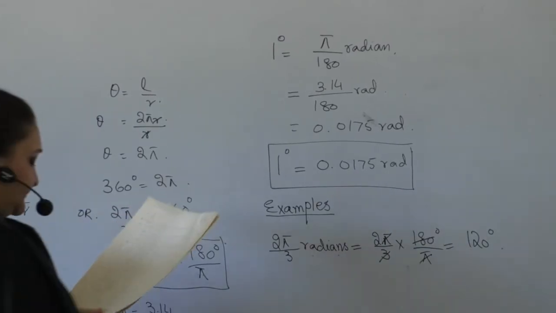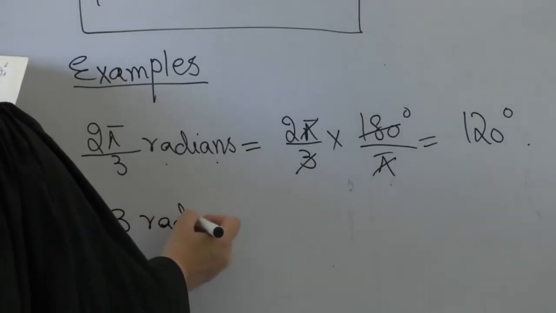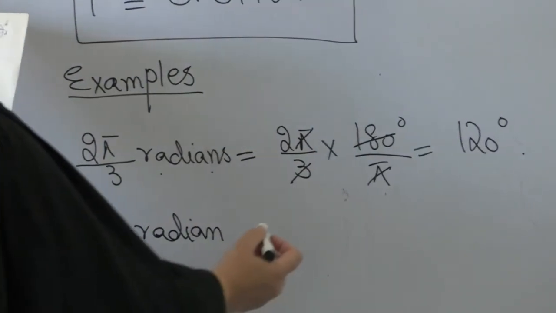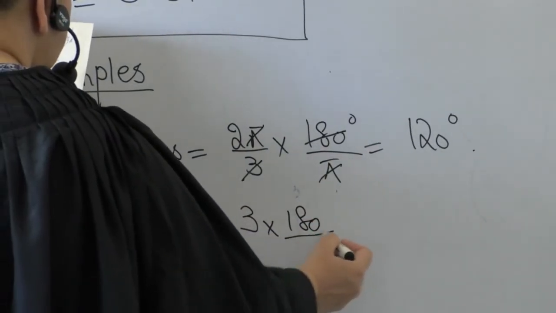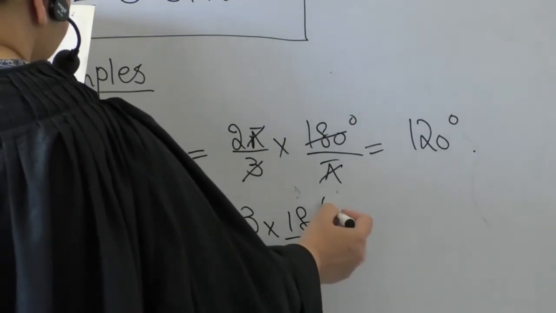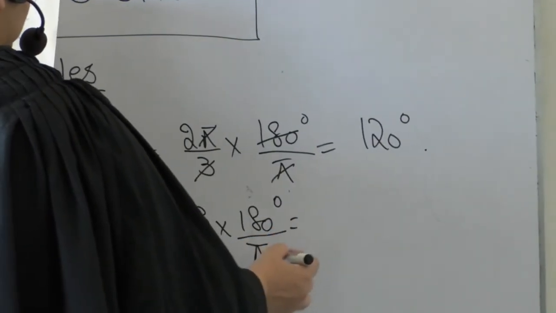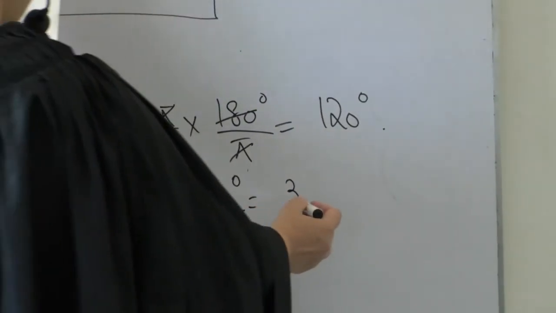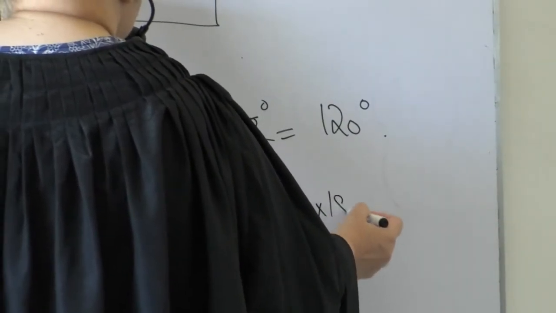Now one more, if we have 3 radians, no pi, again instead of radian, we will write down 180 divided by pi. But here we have pi as well, so still it is in the form of radian. It is 3 by pi into 180.